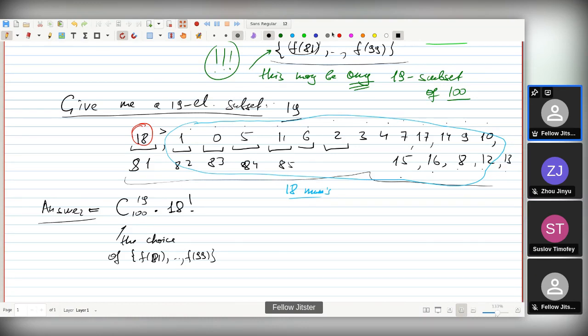And also we still have 81 numbers, except those chosen, which can be reordered in this many ways. And if we do some arithmetic, we can make an interesting observation.